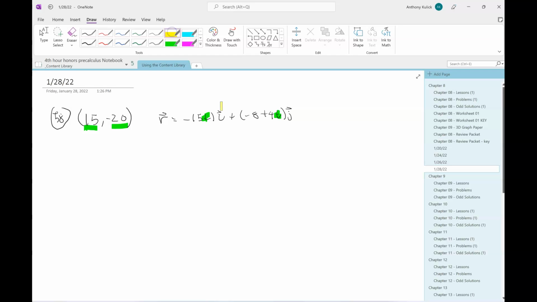So I'm going to take the entire x part and set it to my desired x coordinate, and then take the entire y part and set it to the desired y coordinate. And then I'm going to solve for t and see if I can do that with the same t.